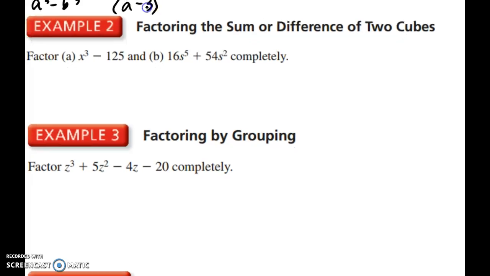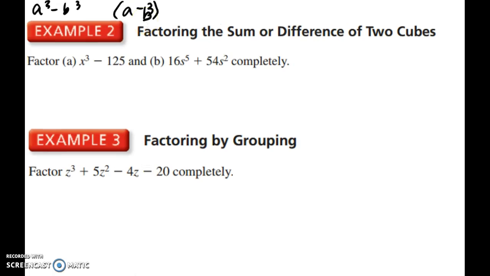So we'll do a minus b, and then we are going to square a, multiply a and b together, and then square the b. And the signs are the same, opposite, and then always positive.